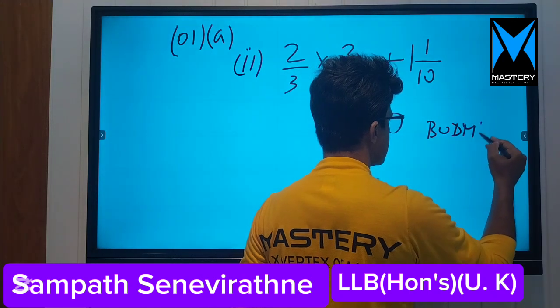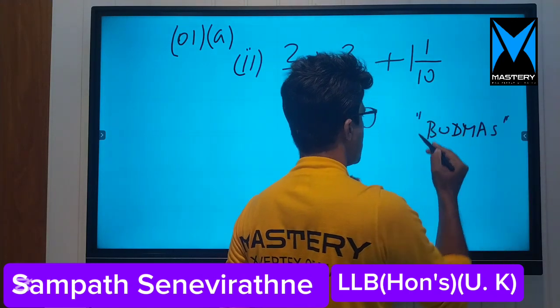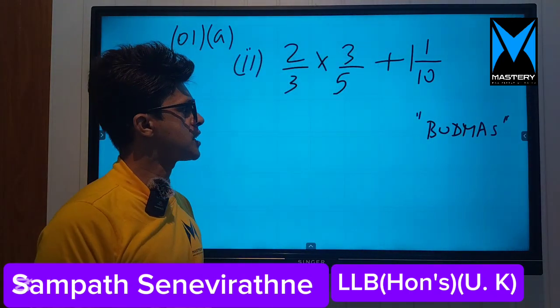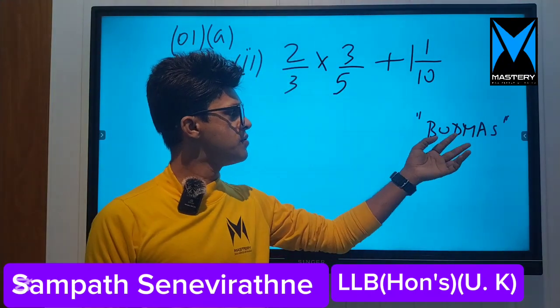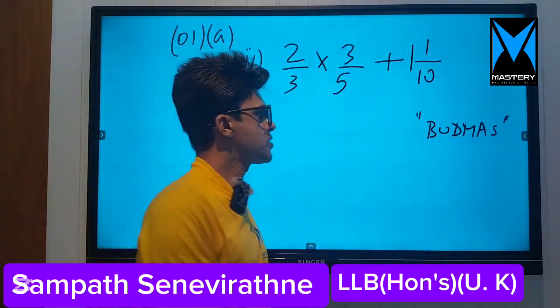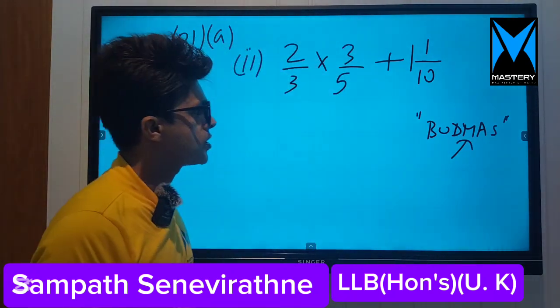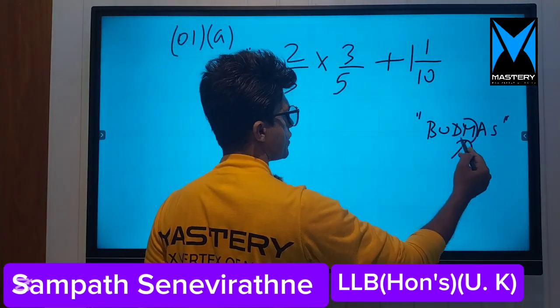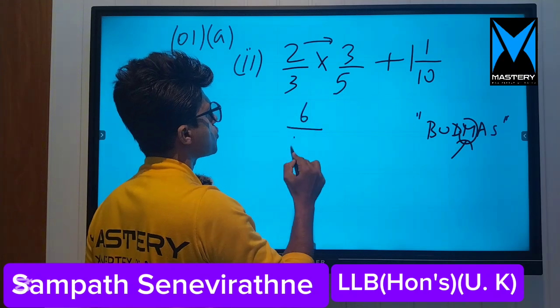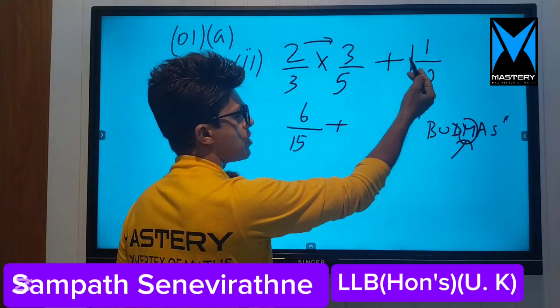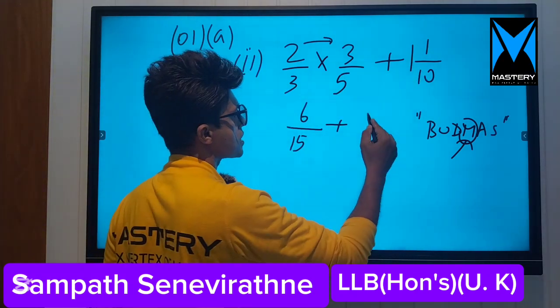If there is a bracket, you simplify it first, but there is no bracket here, nor division. Multiplication comes first, then addition. So multiply: 2 times 3 is 6, 3 times 5 is 15. 10 into 1, 10 plus 1 is 11.